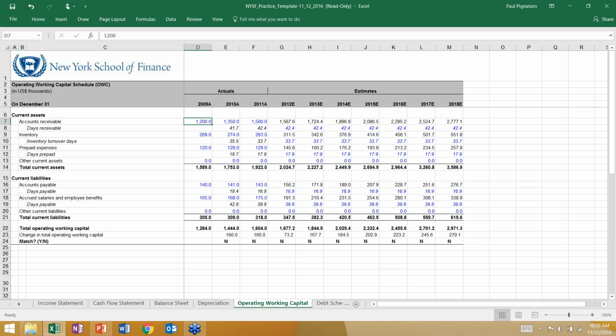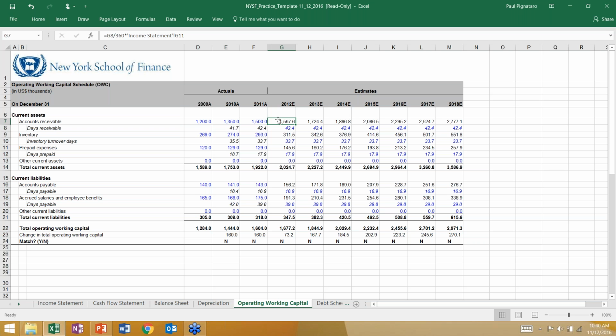Think about selling an asset for the opposite. If you're selling an asset, the asset goes down, the asset goes away, cash comes up. So there's an opposite movement. In other words, if I see accounts receivable going up, that actually means cash is going out.